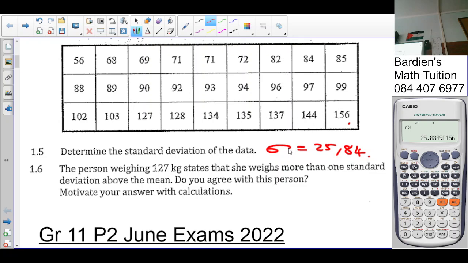Then the question says, the person weighing 127 states that she weighs more than 1 standard deviation of the mean. So to work out, yes miss? Is she with you? No miss, she's supposed to be here, but she's not here. Is she absent from school today?